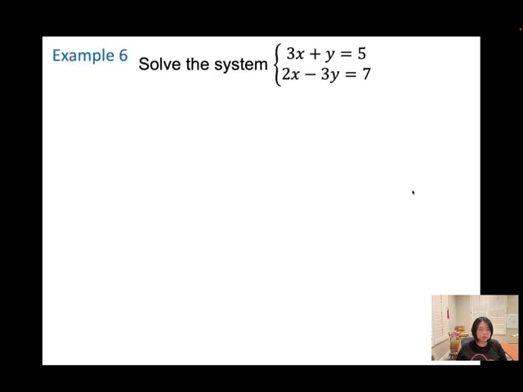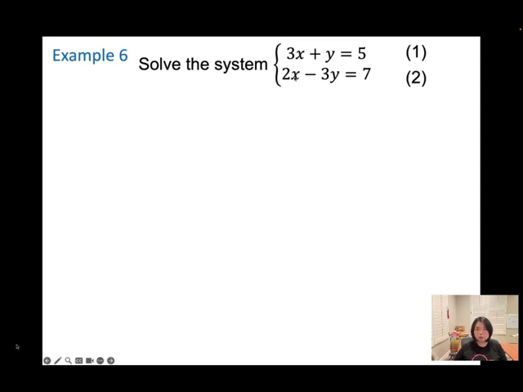Okay, example 6. Solve the system. First, let's name the equations. And then we want to use the substitution. Usually we're going to choose the variable with a coefficient of 1, positive 1 or negative 1.